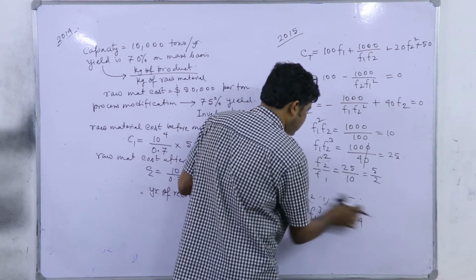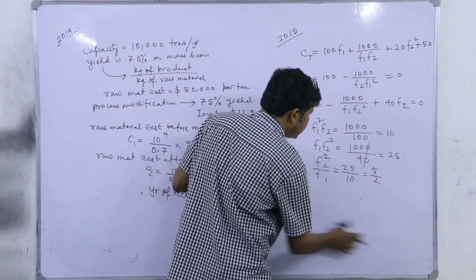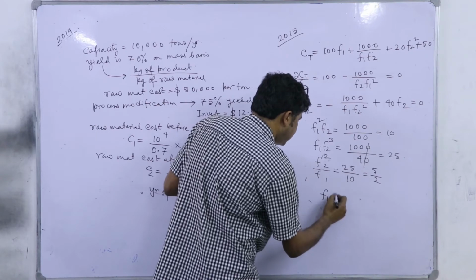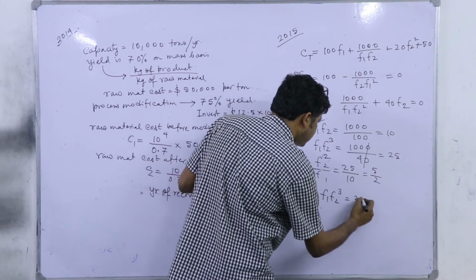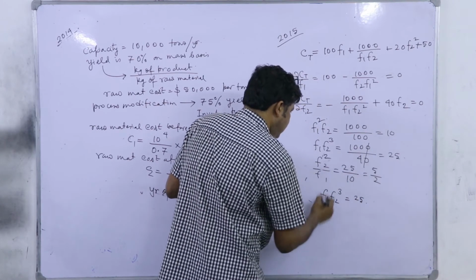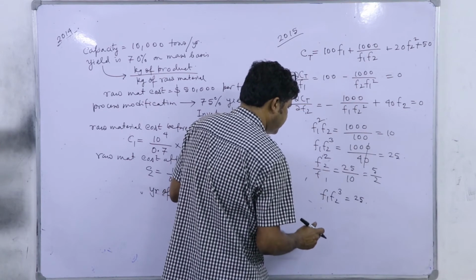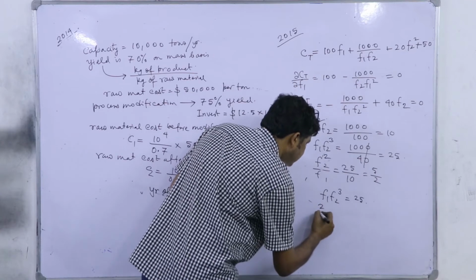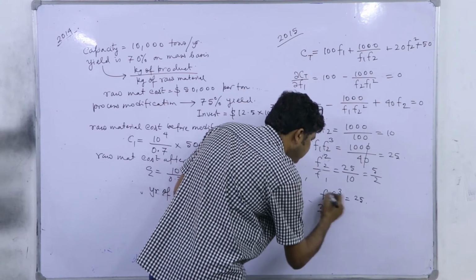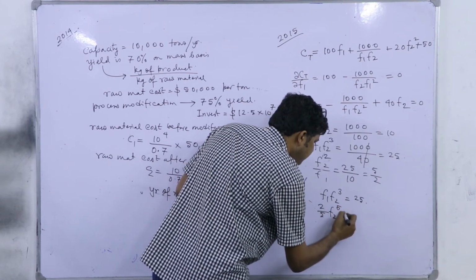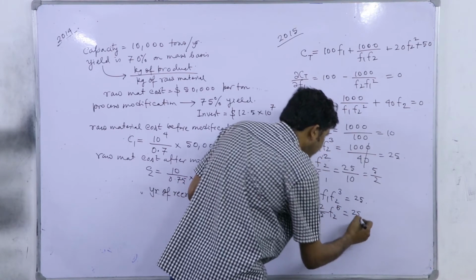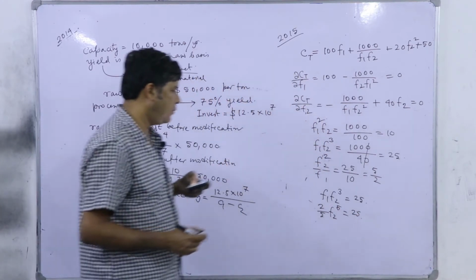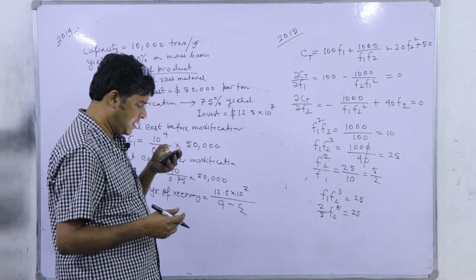So, we will not go by this equation, but rather it is F1 into F2 cube equal to 25. So, F1 is equal to 2 by 5 F2 square. So, 2 by 5 F2 square and cube, this is to the power 5, it is 25. So, from there F2 can be calculated and F1 can be calculated.